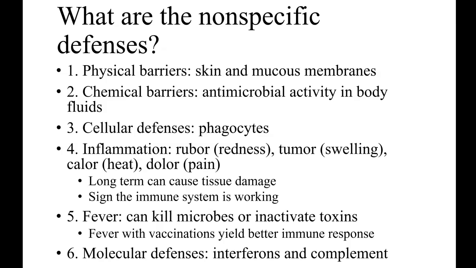Now, I know that we will be kind of talking about these parts or these arms of the immune system separately, but don't forget that this is a whole body system. So our entire body is working together to keep us safe. So we are going to see some of these things that we talk about with the non-specific defenses in the specific defenses as well.